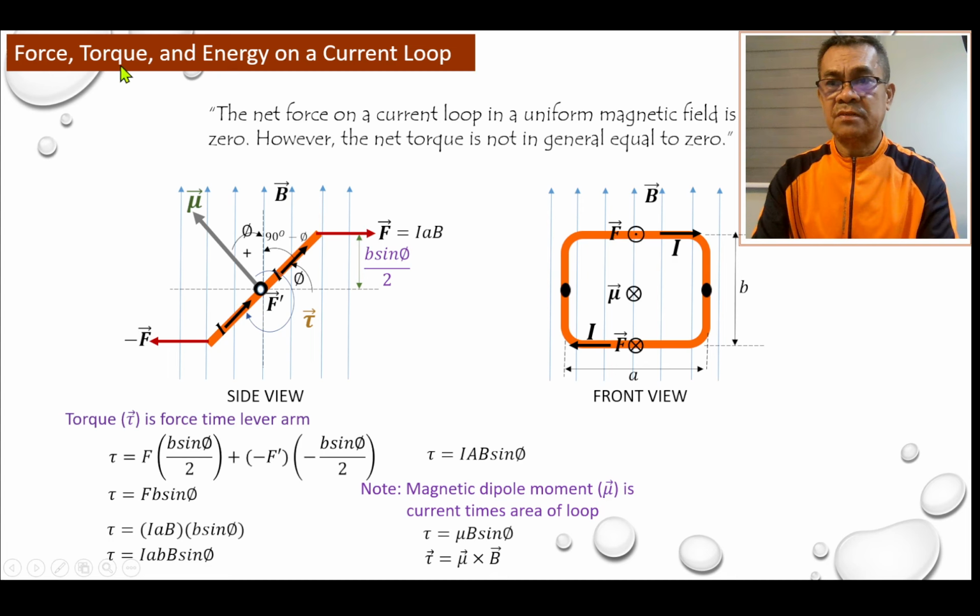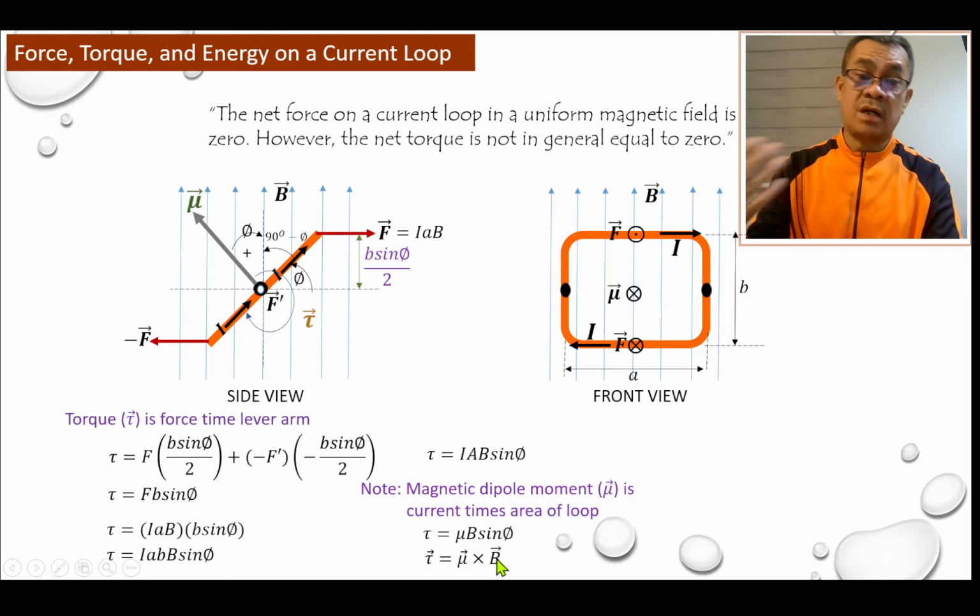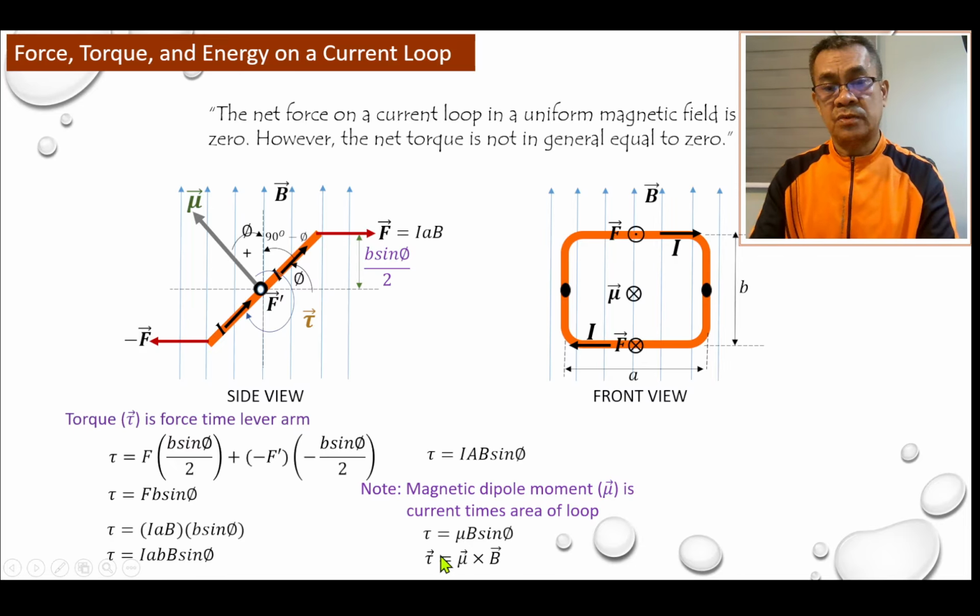The net force is zero, but the torque is non-zero, as long as there is current in the conductor and we have the magnetic field that surrounds the current loop. So therefore, if we have the current in the conductor, but we don't have an external magnetic field, then no rotation occurs.